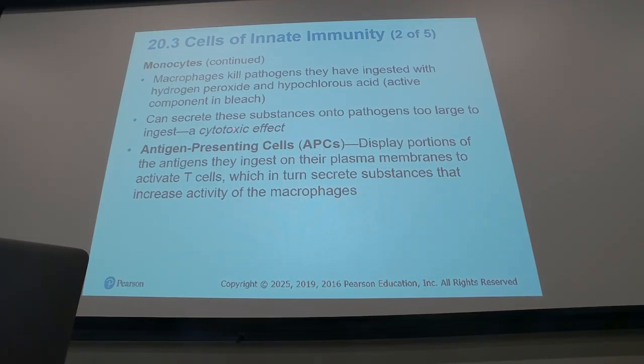So these antigen-presenting cells can activate the immune system. It depends on how strange you consider that antigen to be. If it's something that your immune system cannot tolerate, in that case, yes, you will set an immune response.